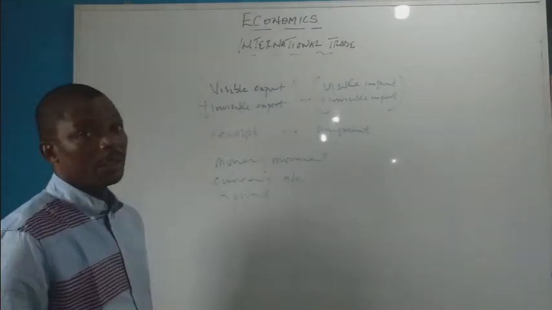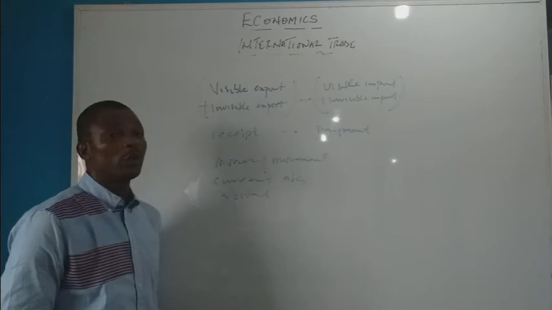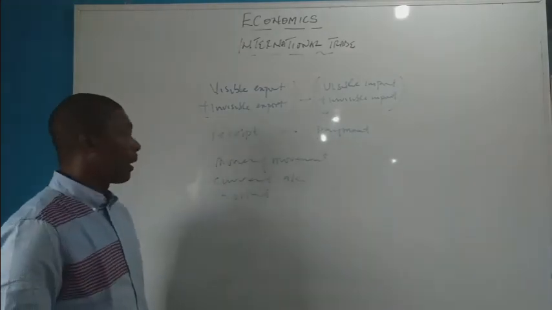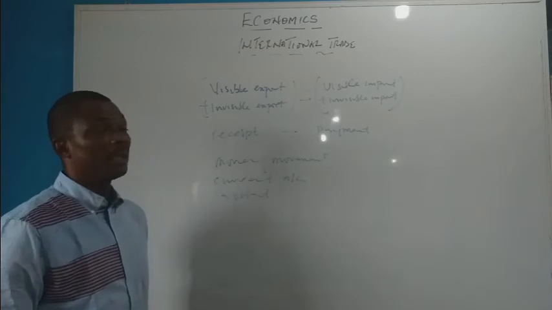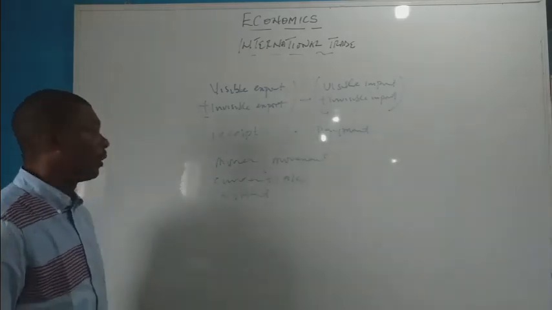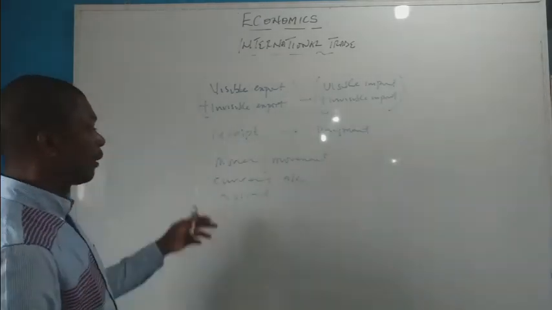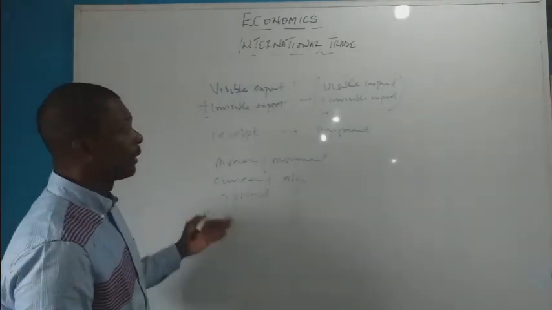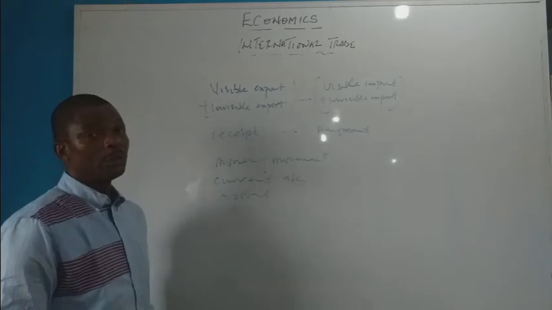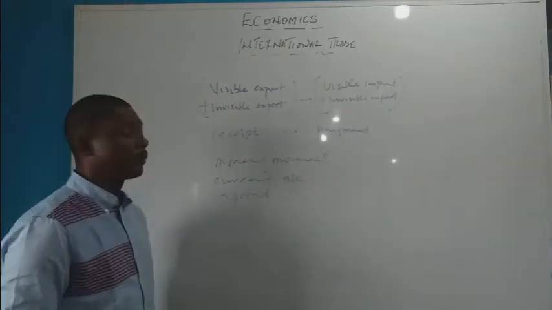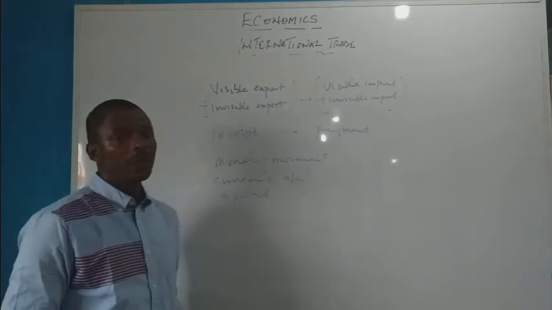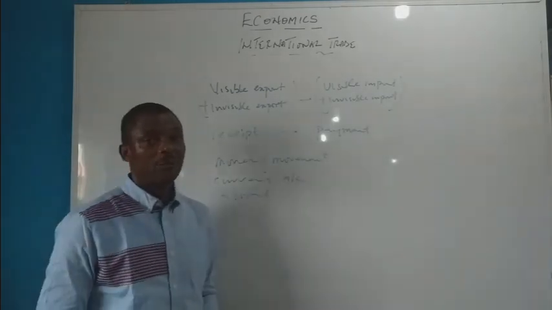Now the monetary movement account shows how the balances of the current and the capital account are settled. And the current account, we also talked about the addition of the visible and invisible trade, while the capital account talks about the inflow and outflow of capital at a particular period.